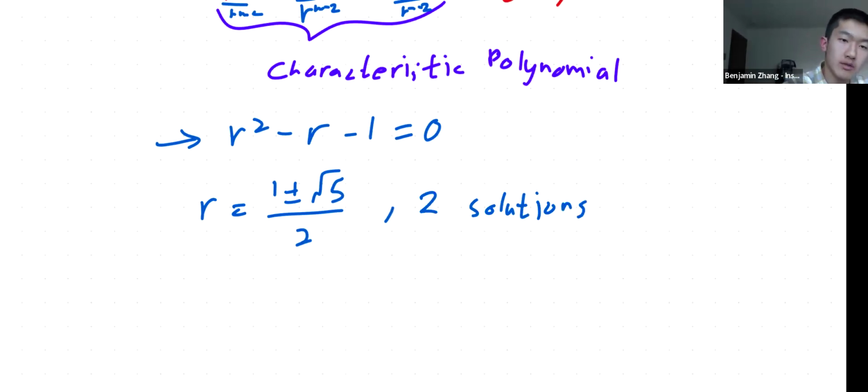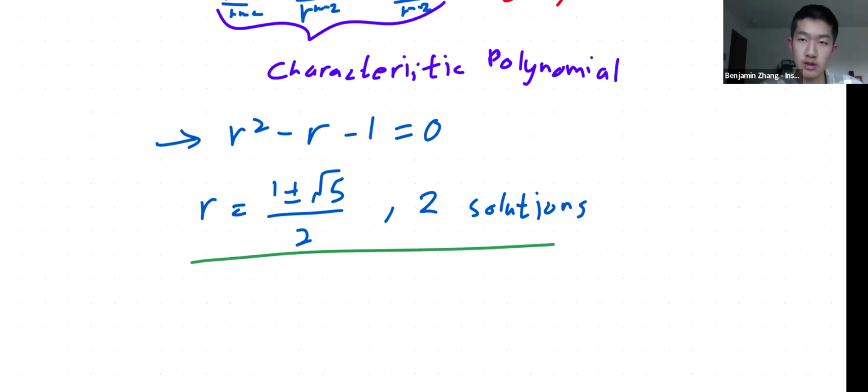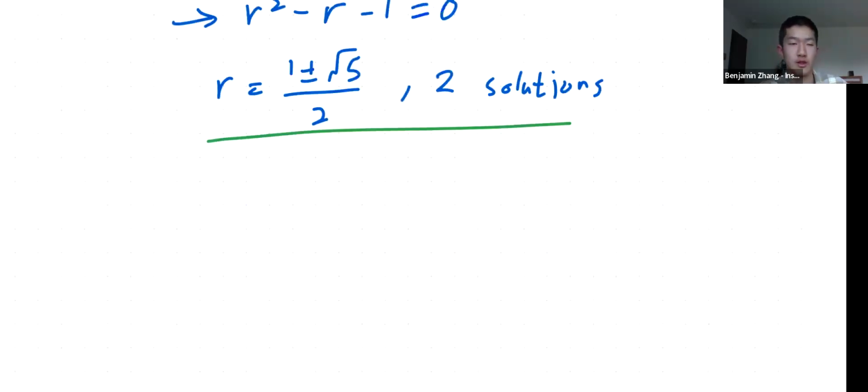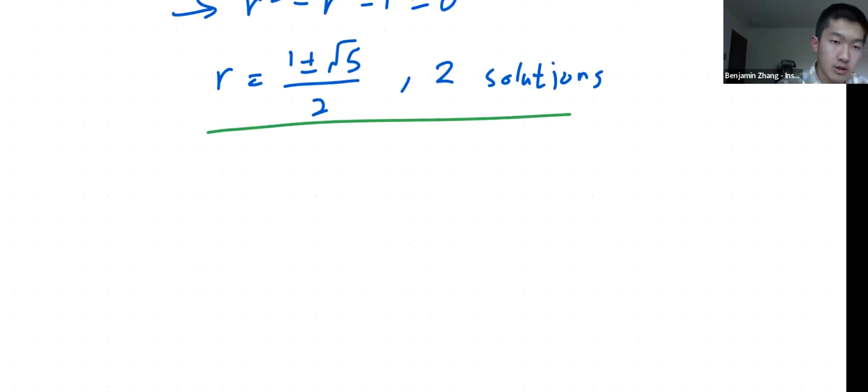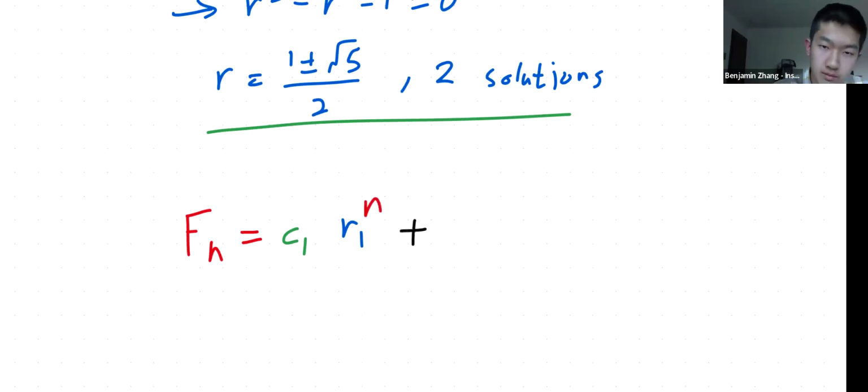Okay. So the next step of this characteristic method is that we can actually already write out a closed form for this recurrence. And I'll prove why this can be written later, but for now, I'll just give it to you and you will take it for granted. So we can write f of n is equal to, let's say, some constant c1 times what we had before, r1 to the n, plus another c2 times r2 to the n.